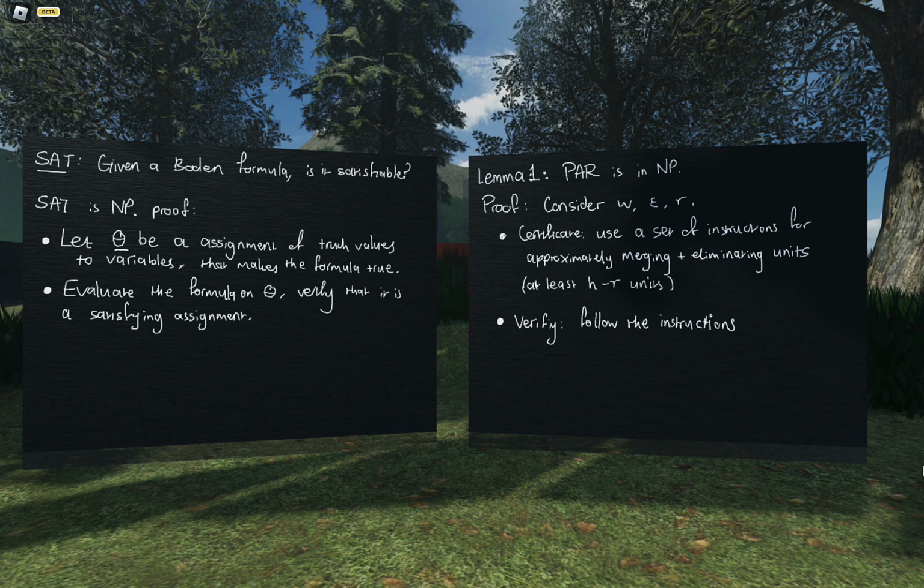So just follow the instructions is the first step, and carry out these merges or these eliminations. Without going into too many details, there are obvious ways to do it. For example, if you have to merge a bunch of units together, for this to work they must all be close enough. So just pick some kind of centroid of the incoming weight vectors that you started with.